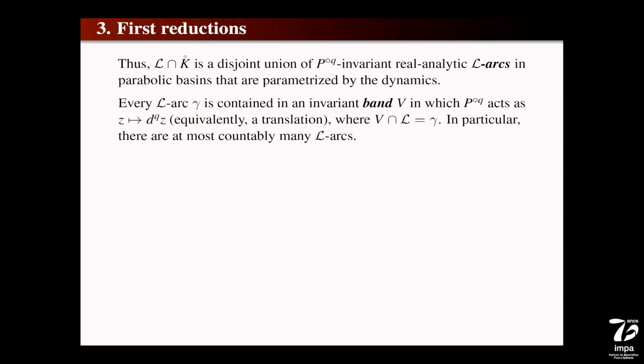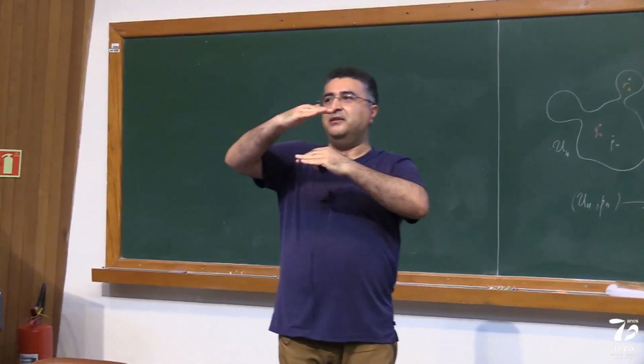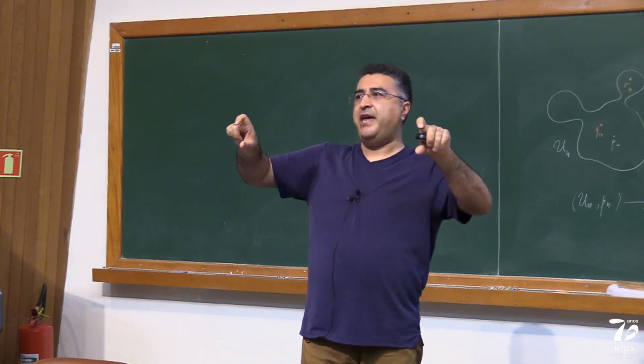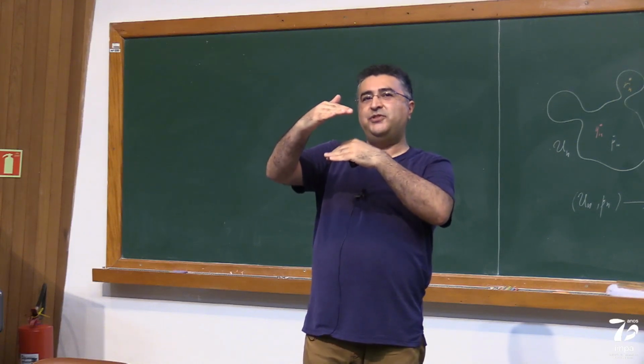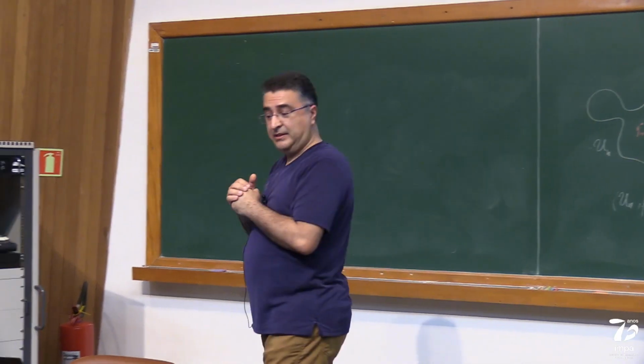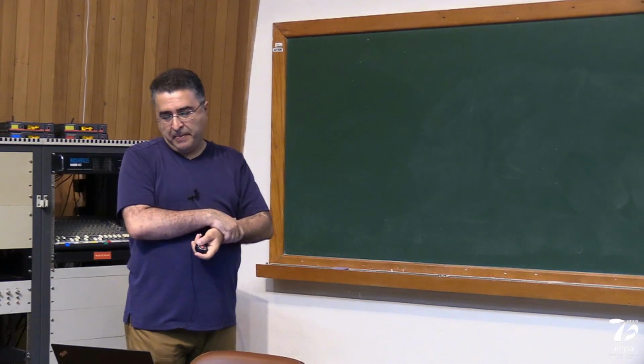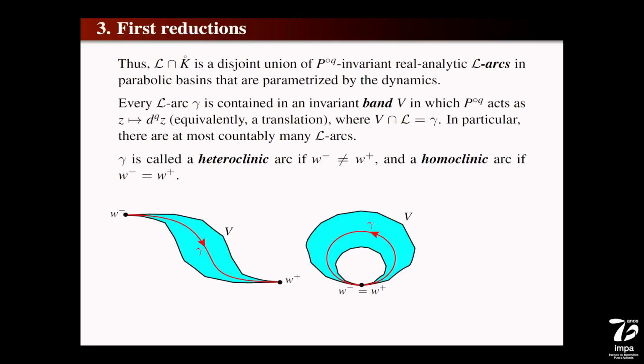So every such arc, what I call an L arc, is contained in a band which sort of shields it from getting close to other L arcs. And in particular, there are only countably many L arcs. So there are two possibilities, as Mitsu observed.